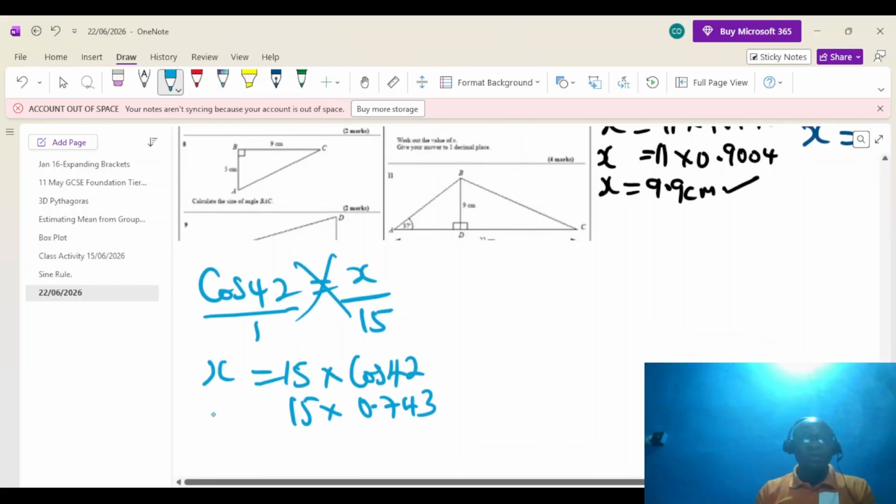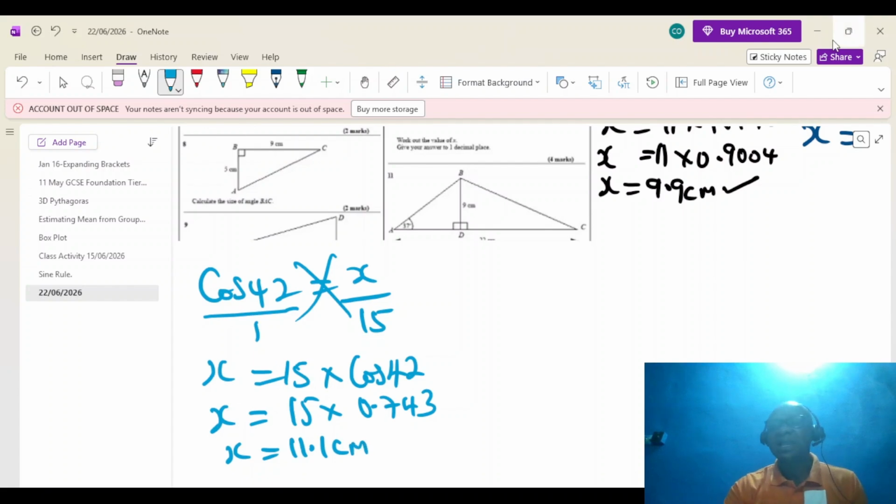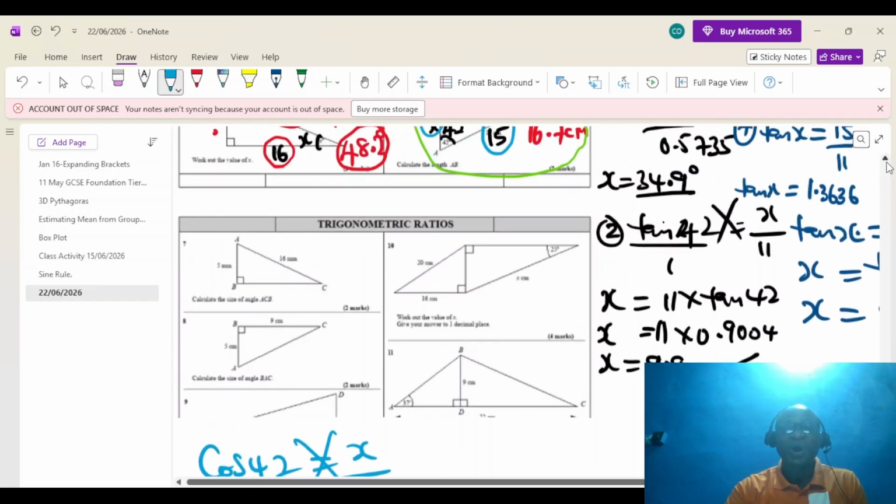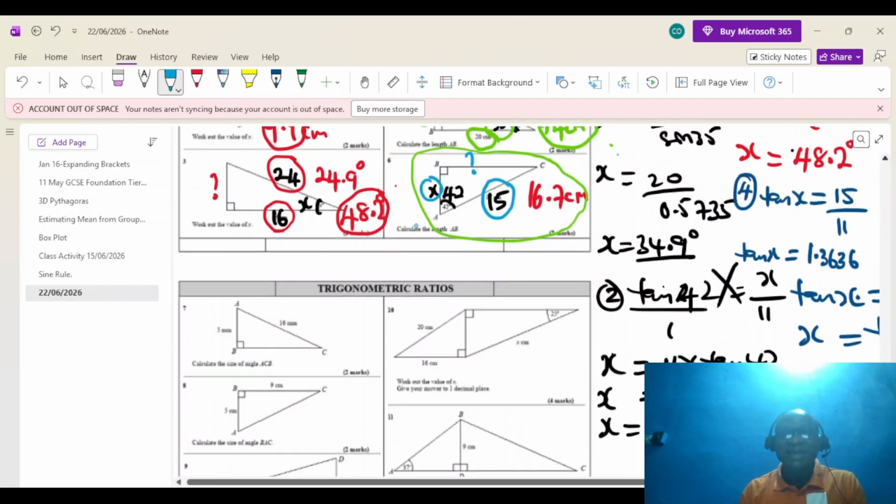Okay, so the value of x here is now equal to 11.1, because it is side, it is centimeters. If it is inside the triangle, it becomes an angle. So 11.1 is the correct answer for this number 6. 11.1 centimeters. Circled, the correct answer.